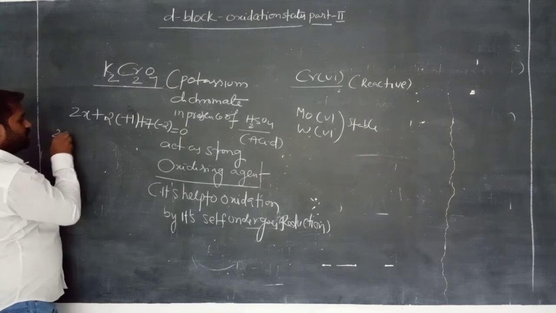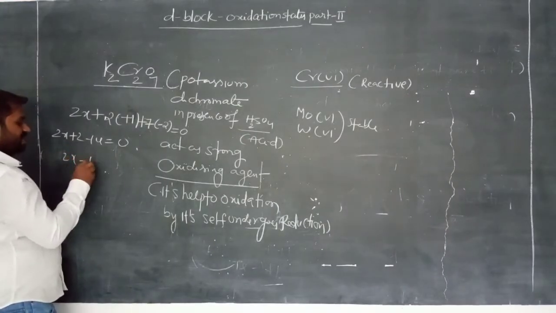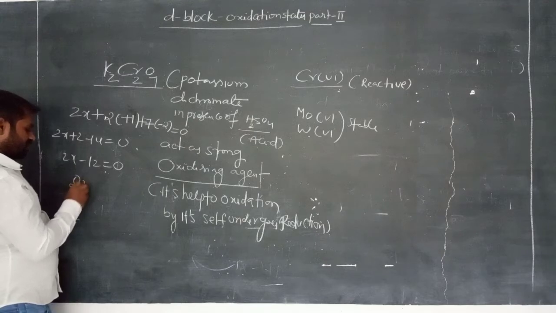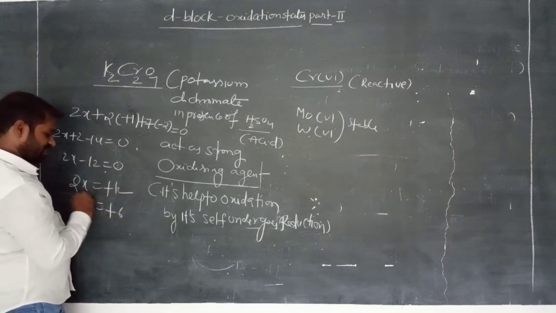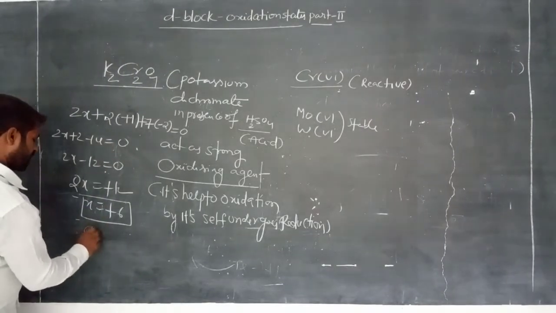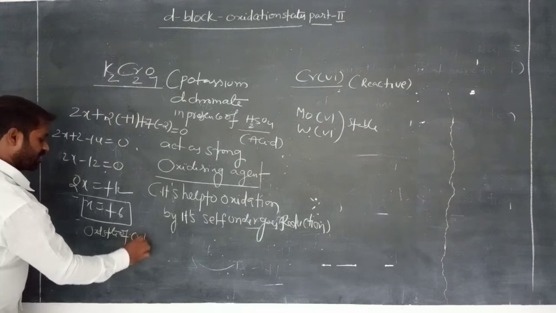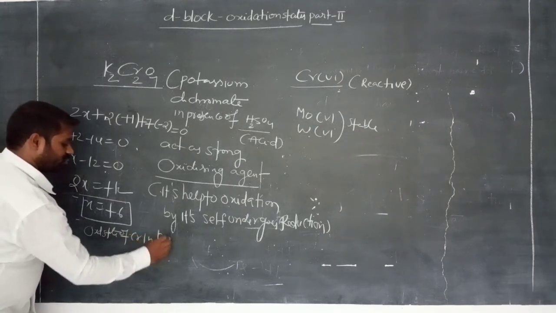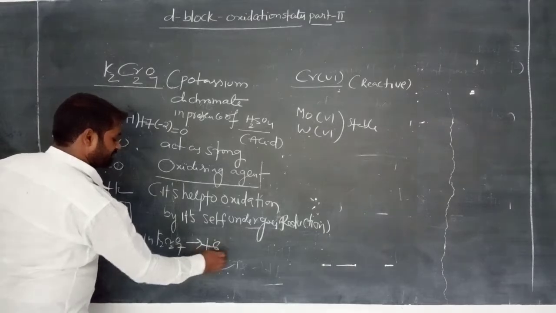So 2x plus 2 minus 14 equals 0. 2x minus 12 equals 0. 2x equals +12. x equals +6. Therefore the oxidation state of chromium in K2Cr2O7, potassium dichromate, is +6.